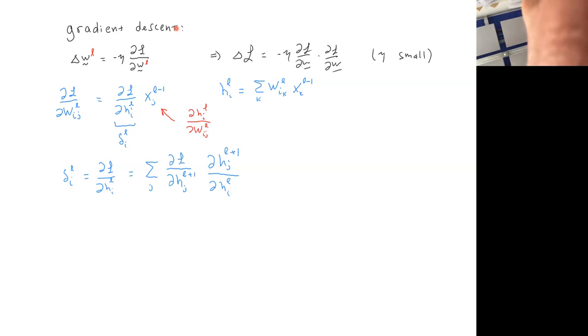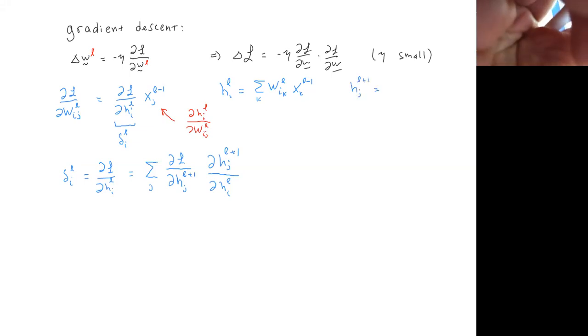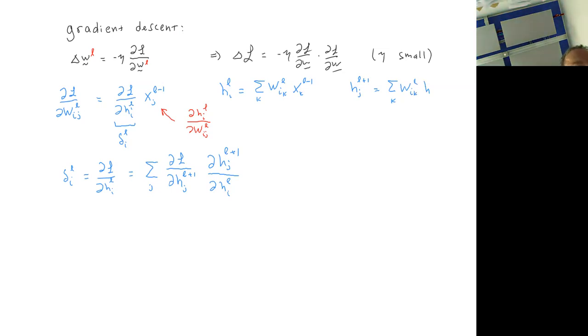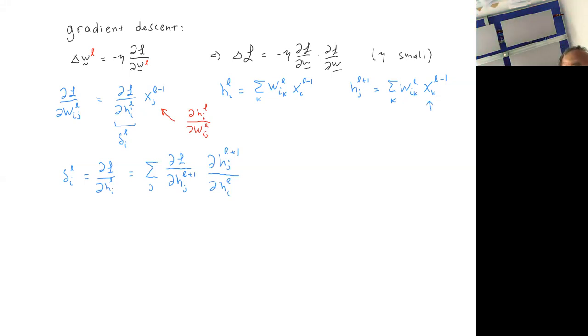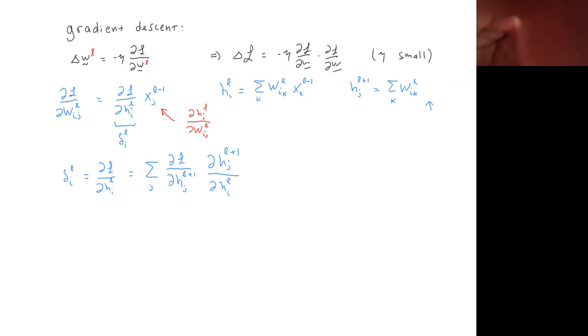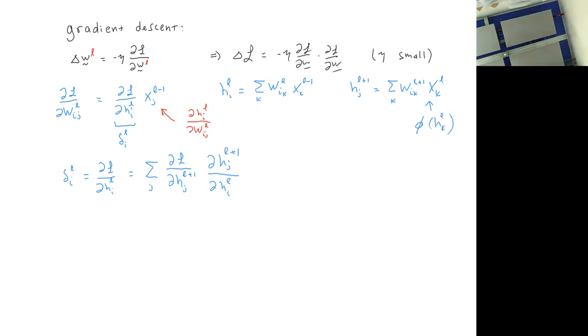Okay, so remember x_k^(L-1). Actually, I'm going to write over here h_j^(L+1) equals the sum over k of W_jk^(L+1) x_k^L, where x_k^L is nothing but a nonlinearity of h_k^L.